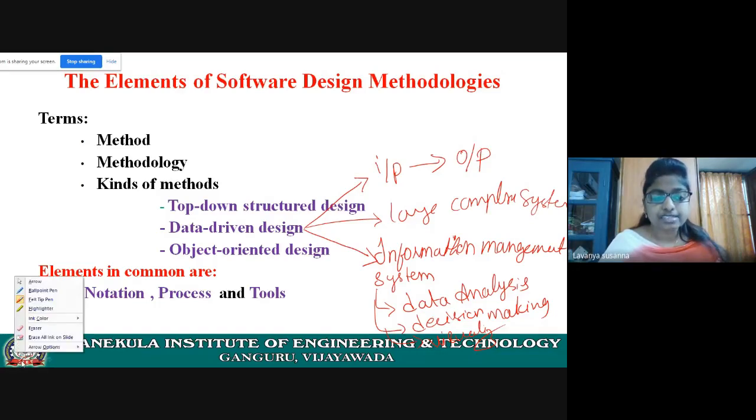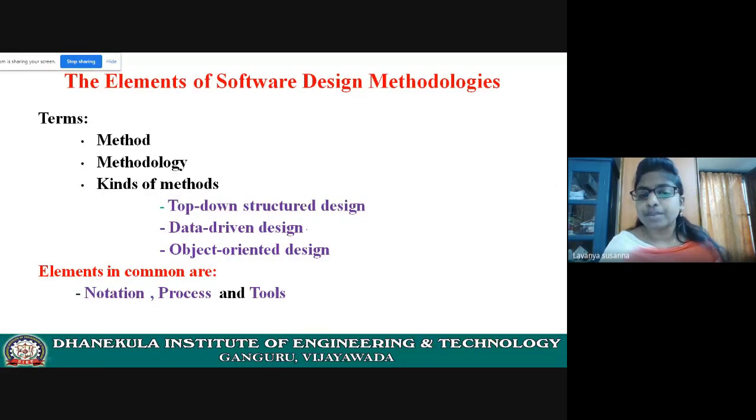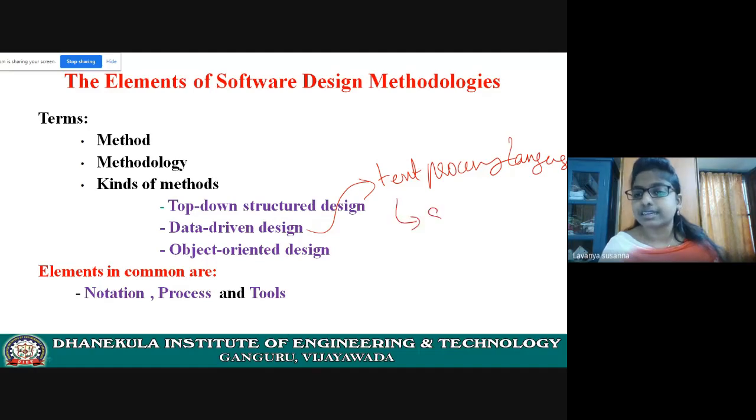Next, the programming languages. The programming languages that use this data-driven design method are text processing languages like SED.